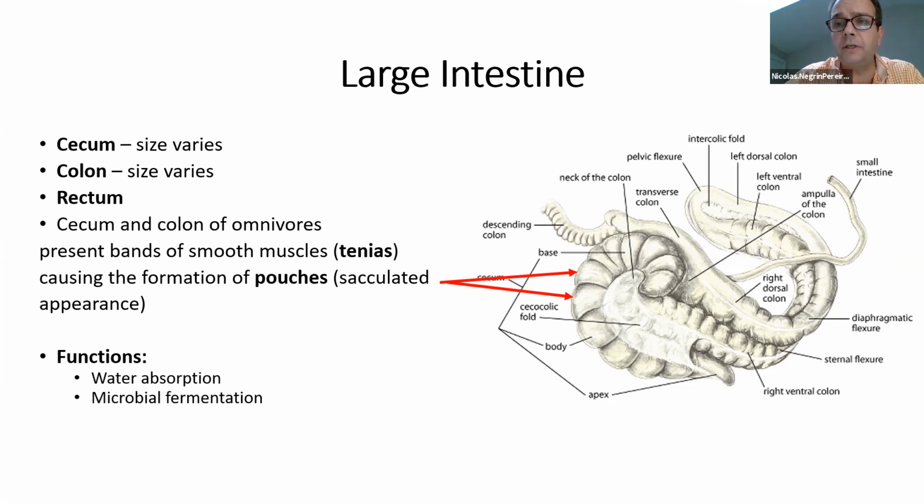In most species, to a greater or lesser degree, there is microbial fermentation. So there will be some fiber fermentation occurring in that region, with the production of volatile fatty acids and also gas, and also some vitamins: the B complex vitamins are mainly synthesized in this region.